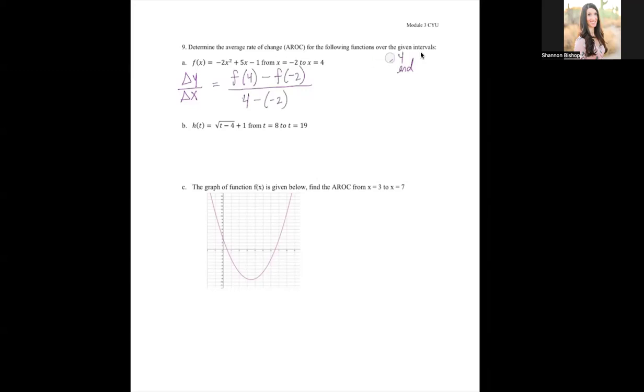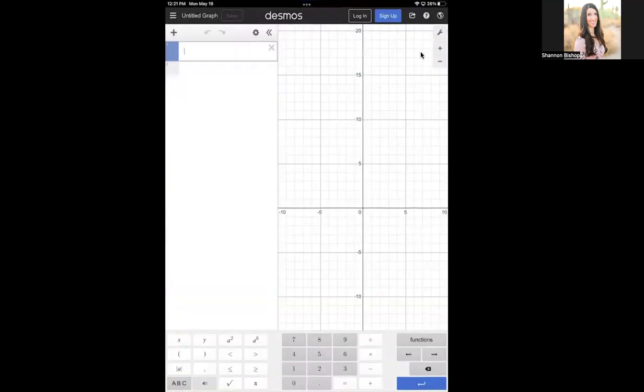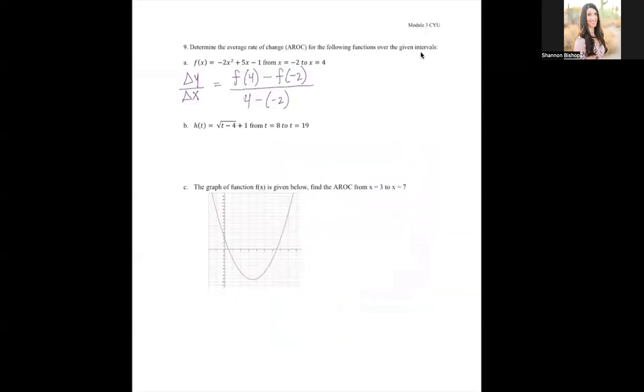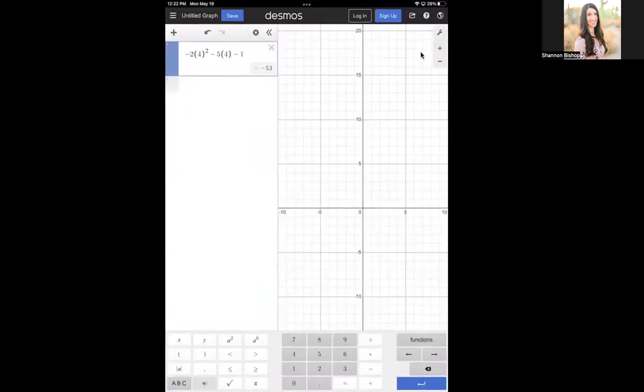So if we figure out the output values at those two input values, so -2x squared plus 5x, so -2, but now I'm going to plug in x squared minus 5x, but I'm plugging in 4, and I believe it was -1. Let me fact check that. Oh, plus 5x. Did I have that? Nope. Let's fix that.